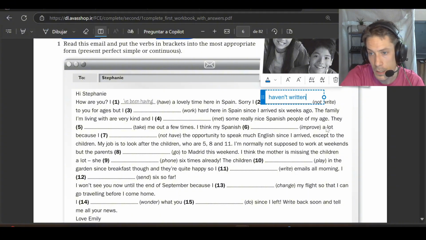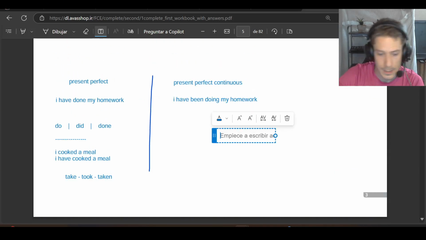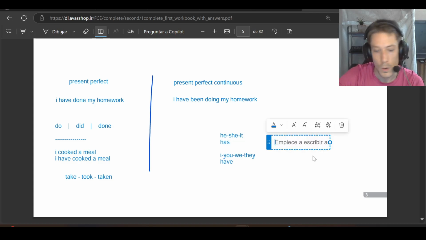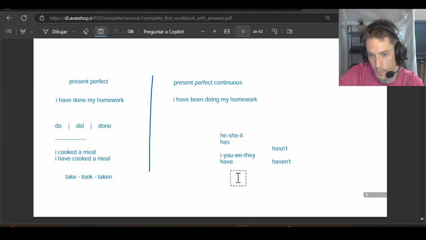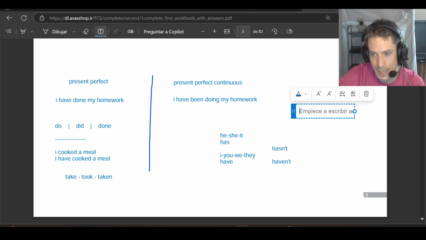Another key thing you have to learn, but I'm assuming you know it already, is the uses, with their negative forms. It's good to keep in mind. Another key fact to know about this is that the verb to be changes like this.